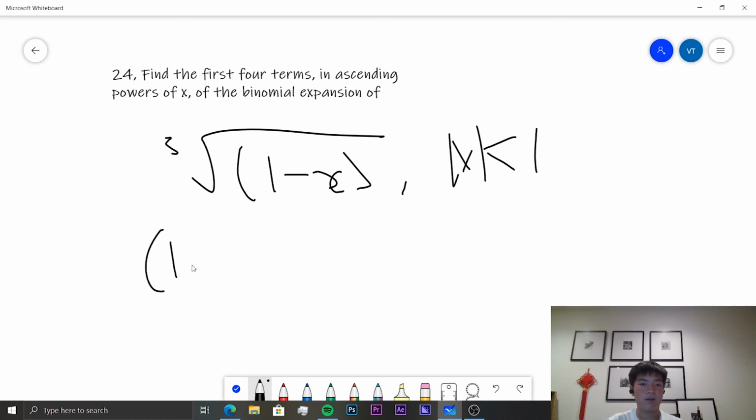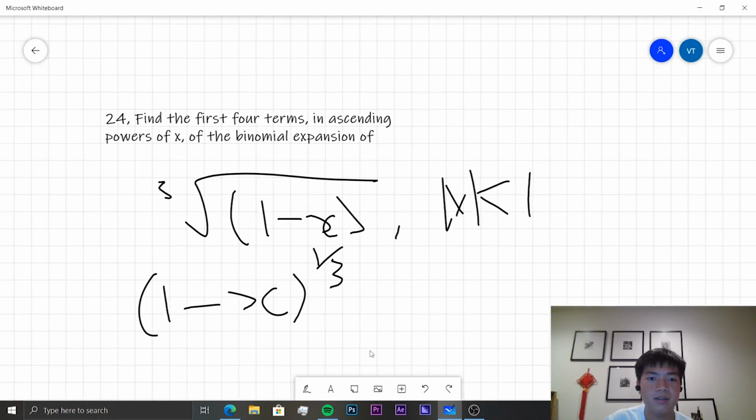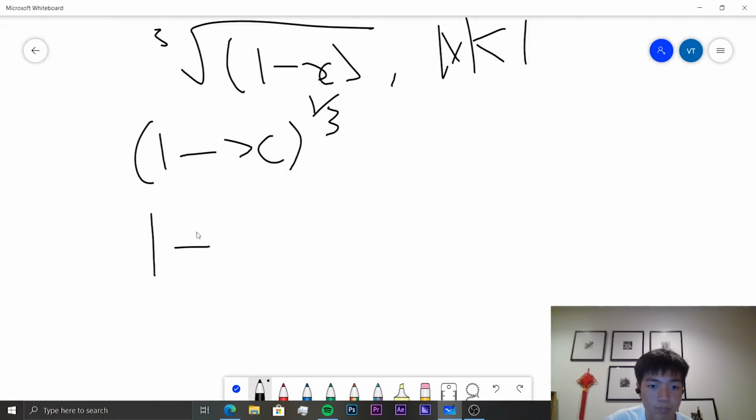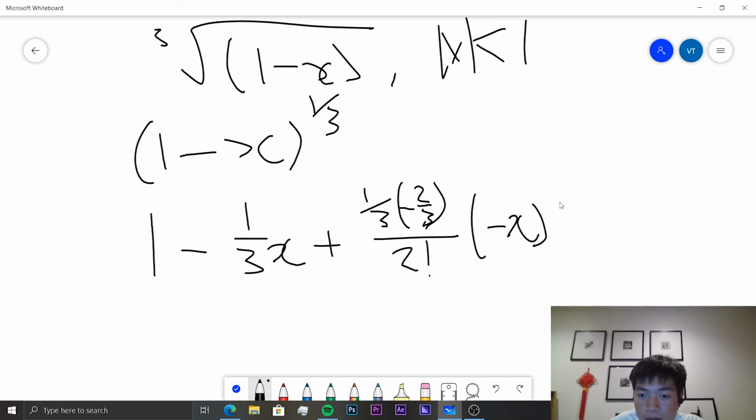So this is simply 1 minus x to the 1/3, and I'm not sure if we've ever done fractional exponents in binomials, but they work exactly the same as in the general binomial formula. And so the first, how many terms? 4 terms would be 1 plus 1/3 times negative x, plus, and then this is where it gets tricky because we have to go 1/3 and then 1/3 minus 1, which is negative 2/3, over 2 factorial times negative x squared.